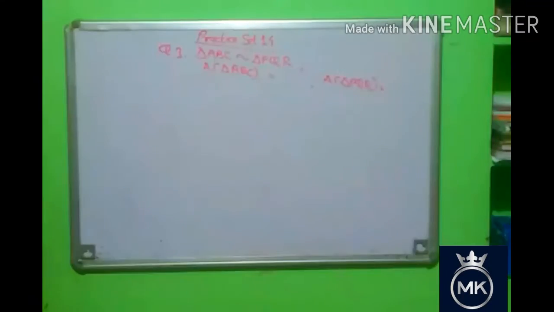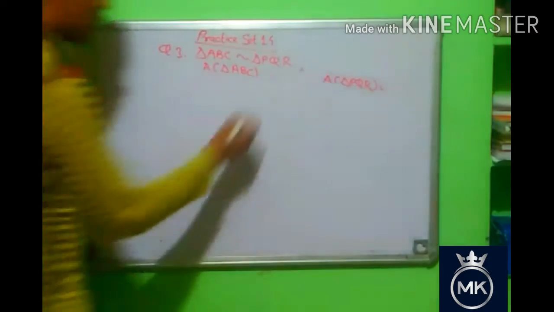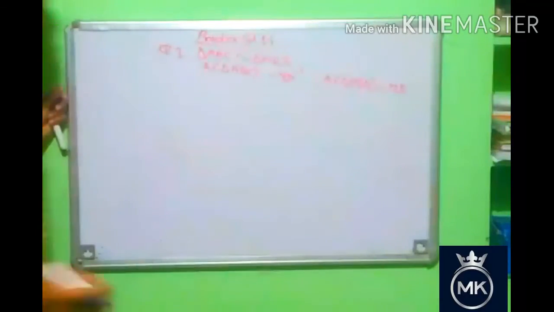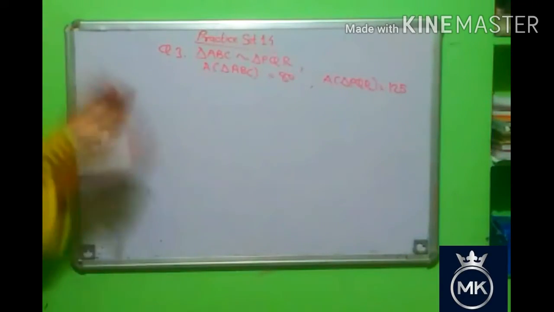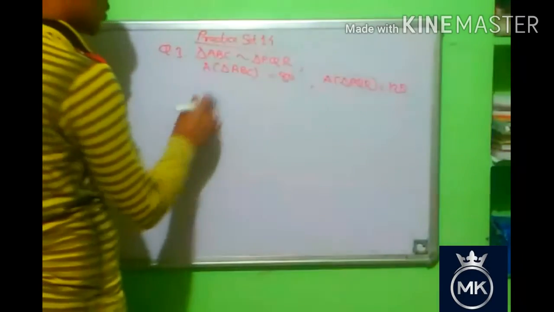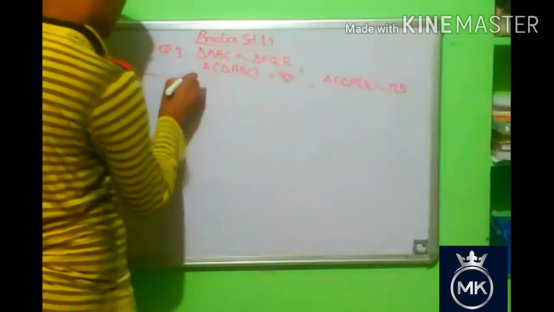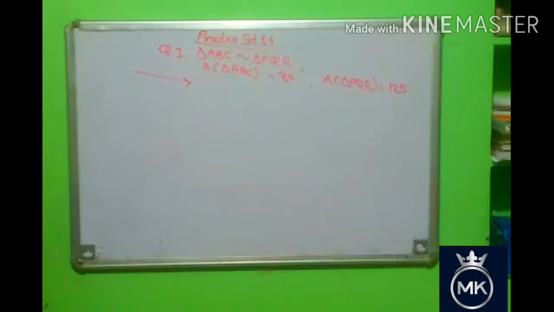What are the values? 80 and 125. Please keep your book in front of you so you can read it and solve it easily. So we are given the areas of both triangles, and we have to find the ratio of corresponding sides. We are also given boxes here, which we fill to find the answer.